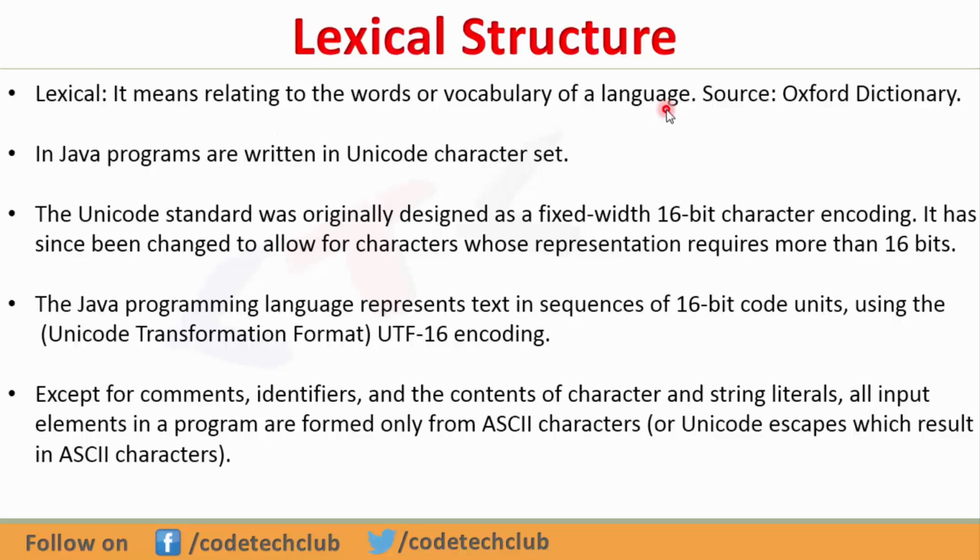Earlier there wasn't a need for more than 16 bits, but later it was required. So all the text we type when we write a program in Java is represented using UTF-16 encoding, an abbreviation of Unicode Transformation Format. Except for comments, identifiers and the contents of character and string literals, all the input in a program is formed by ASCII characters.